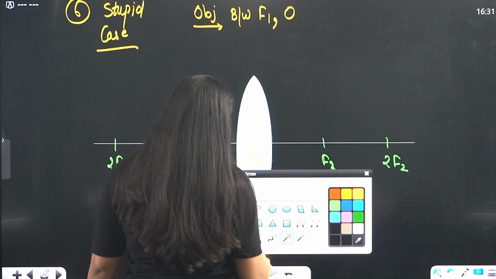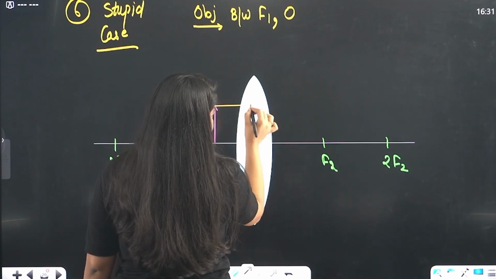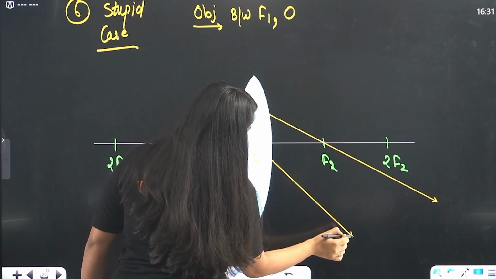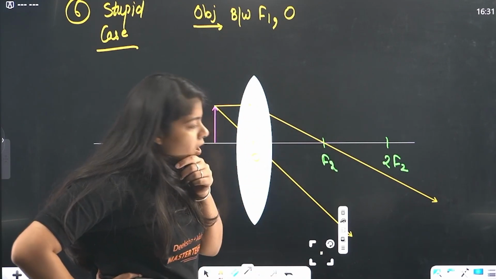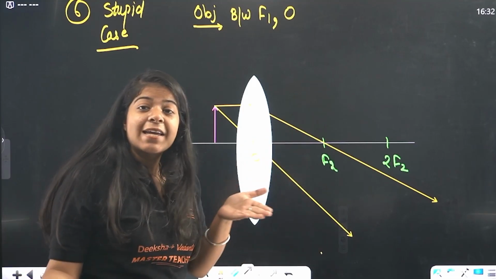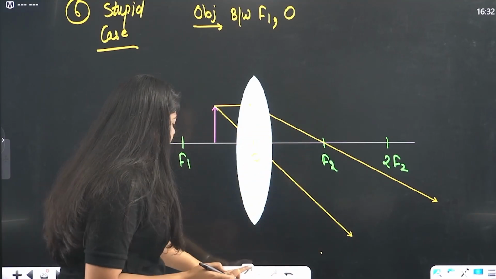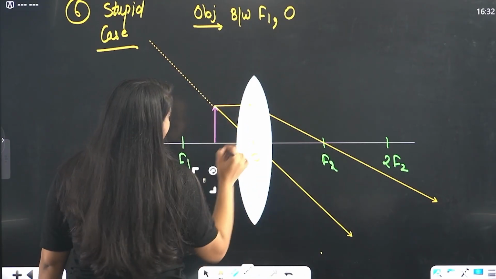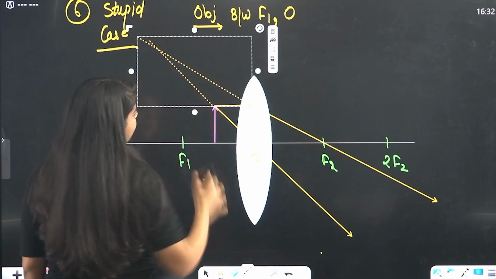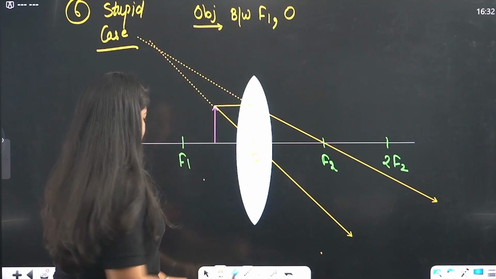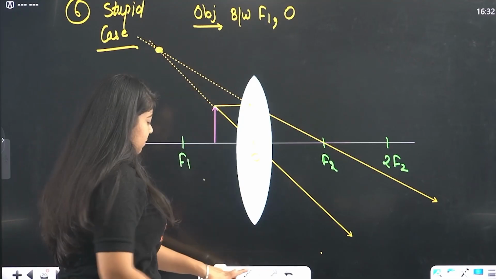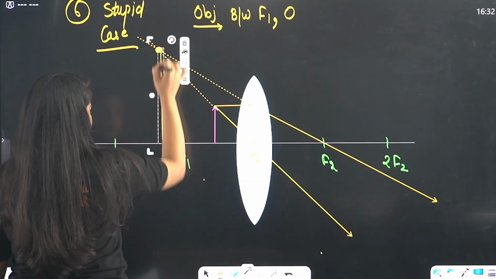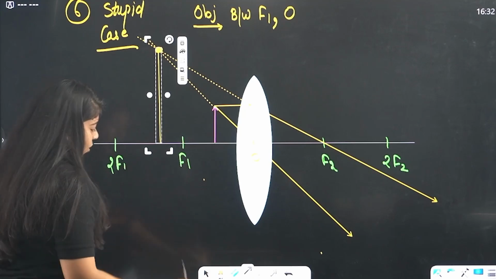Ma'am, let's make the rays. One goes parallel and it passes from focus. Another will pass through optical center. These are not even parallel, they're drifting apart. Again we will extend them backwards. The point where they meet will be our new object beta, and this will be an erect object, just like the sixth case of concave mirror.